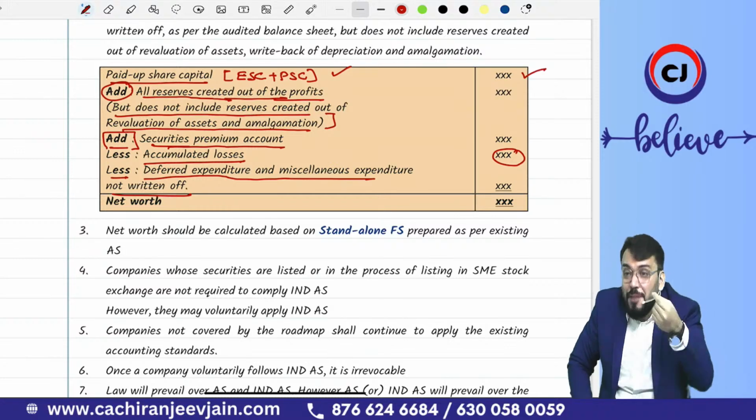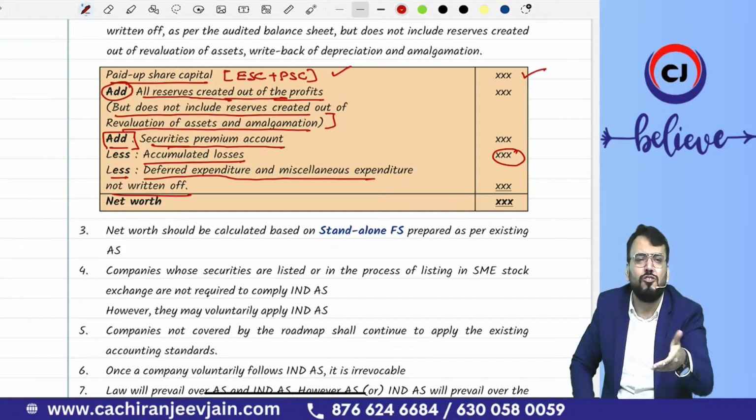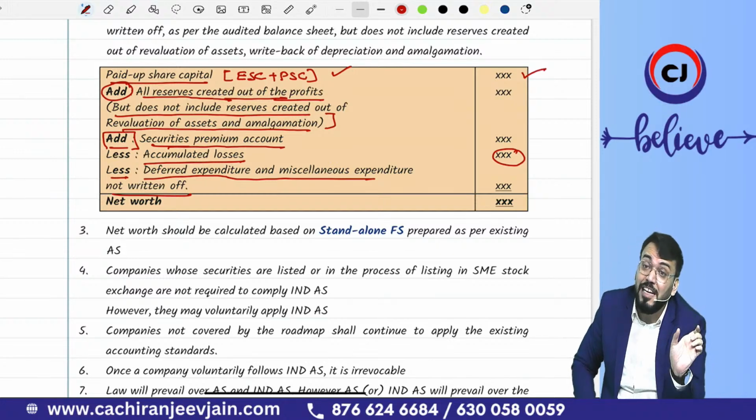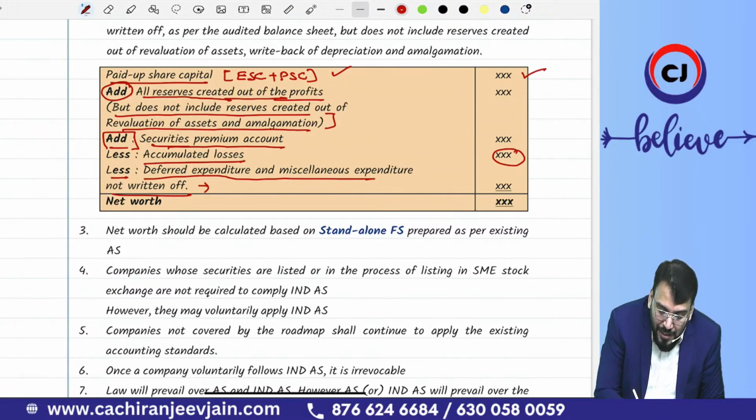So suppose there is some expenditure which is not yet charged to profit and loss account, that has been deferred. So that is also one type of loss. That loss will be deducted from this particular point to find out net worth. So if there is some deferred expenditure which is not yet charged to profit and loss account, that should also be deducted. Got this point? But now this particular point is not applicable, does not exist.